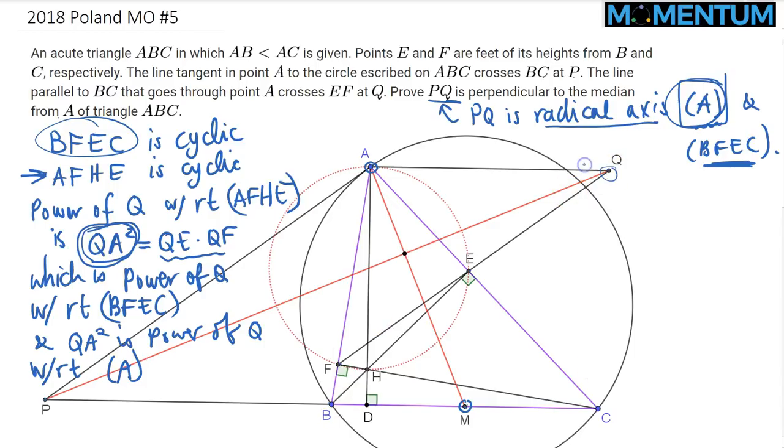As such, Q is on the radical axis of those two circles.